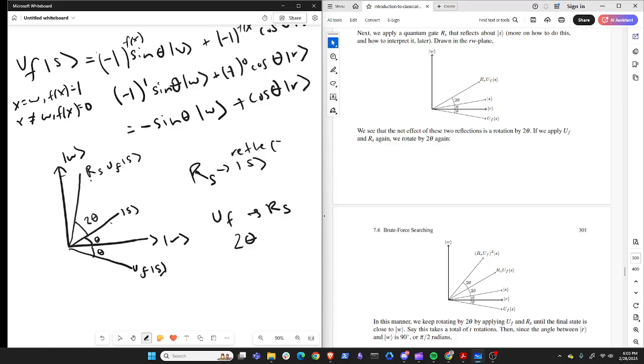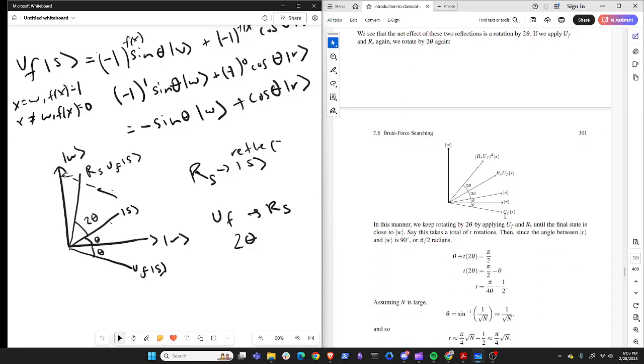Now when we come back down, we apply our gate again. It'll rotate it down theta, and we will reflect, and basically every iteration brings it a little bit closer to W. So we keep applying U sub f and R sub S until we get close to W.